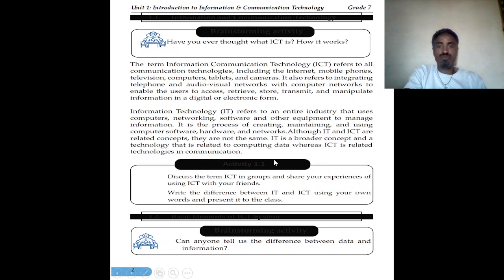Mostly using computer software. Whereas ICT is related technologies in communication, such as television, cameras for communication purposes, and mobile phones. Therefore, ICT is related technologies in communication. In the case of IT, it is related to computing data, mostly using computers and processing with computer software.